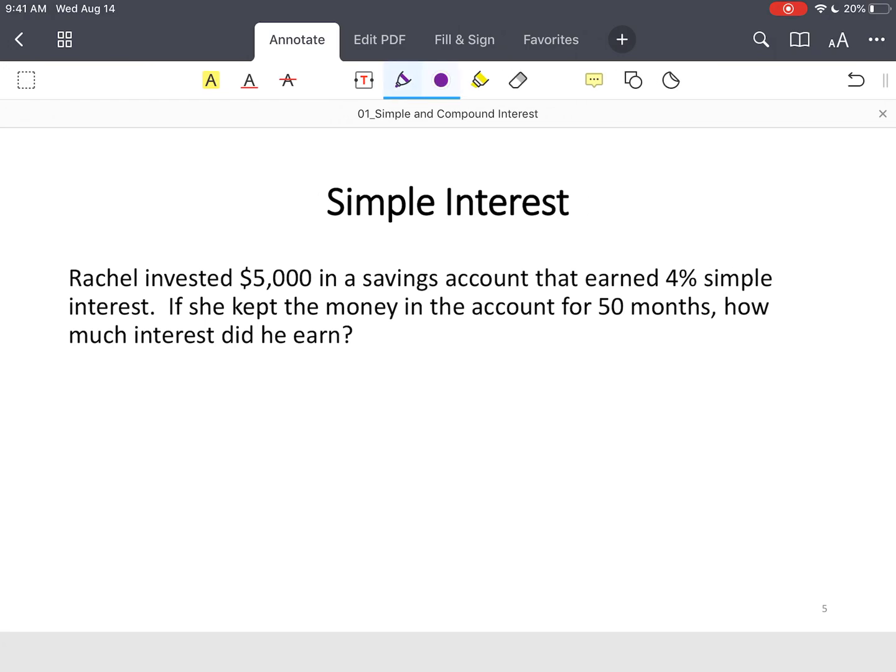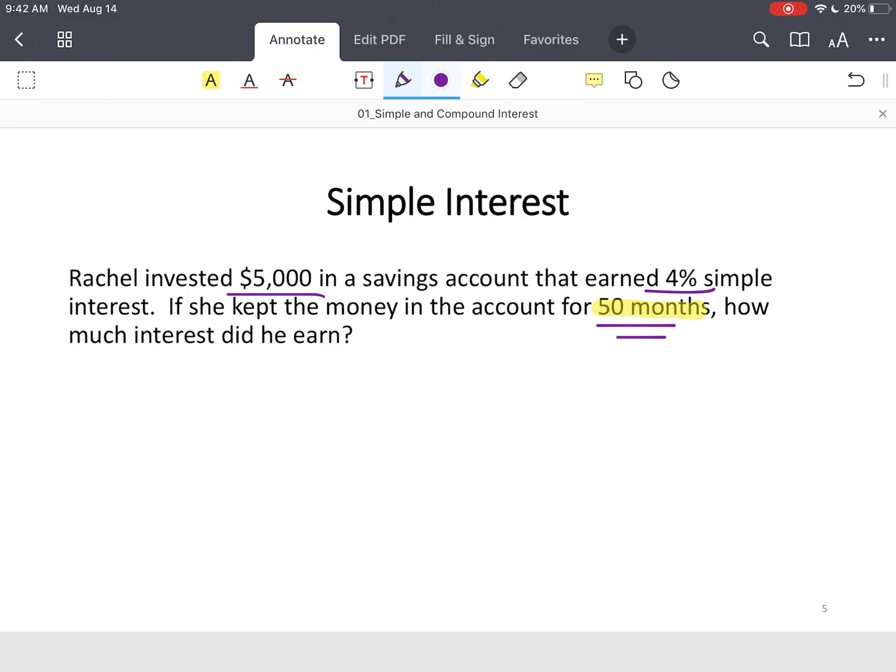So again, parts: $5,000, 4% in simple interest, 50 months. Now, let's highlight this guy because that's different. One of the things about being a good mathematics student is you have to be able to see the thing that distinguishes a particular problem from the previous examples that you've worked.